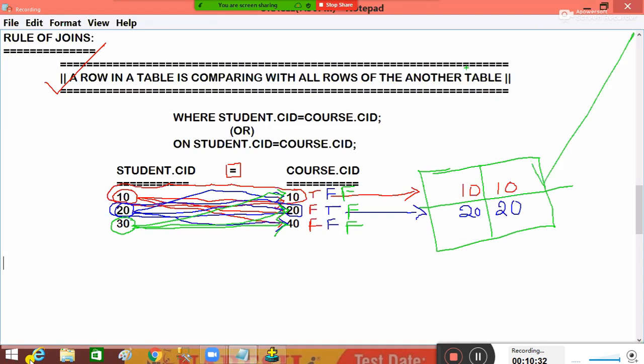So this rule, do all of you understand now? Come on guys, is this example clear?